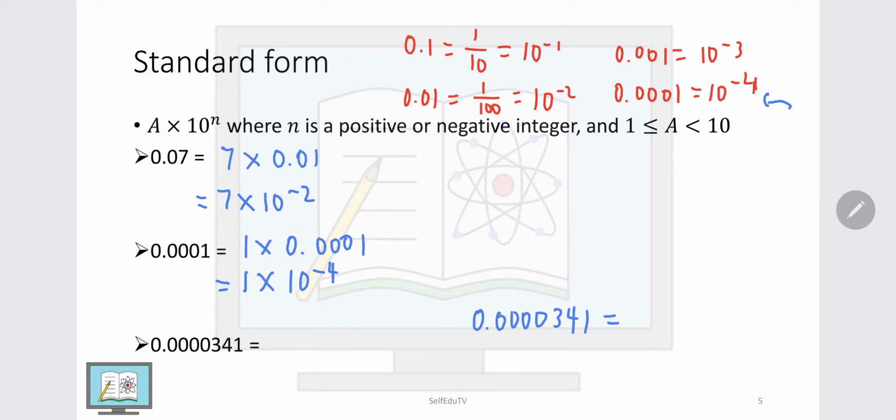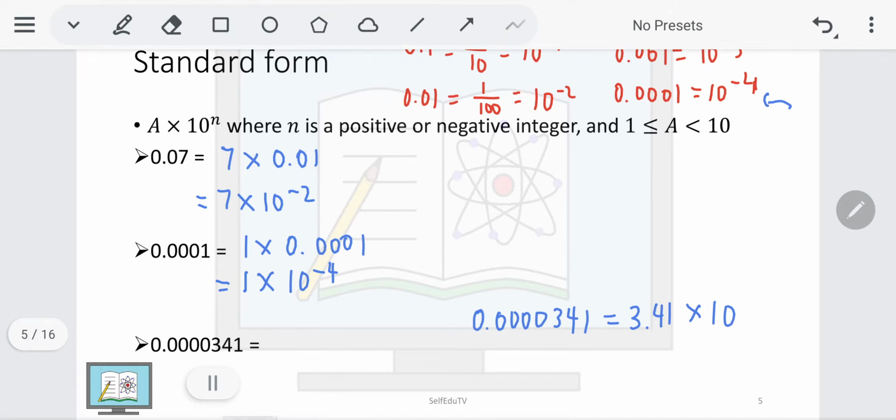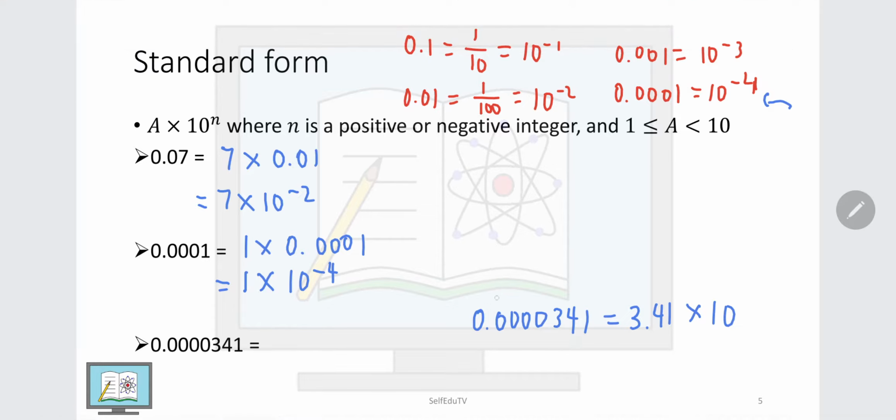We know that the value of a must be 3.41, so we just need to get the power. How do we get the power? We shift the decimal point until we get 3.41. Let us shift the decimal point: 1, 2, 3, 4, 5.